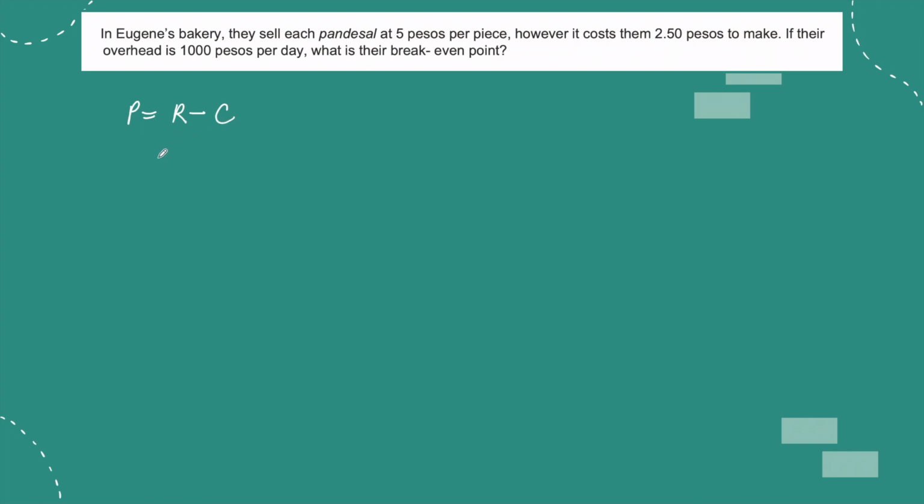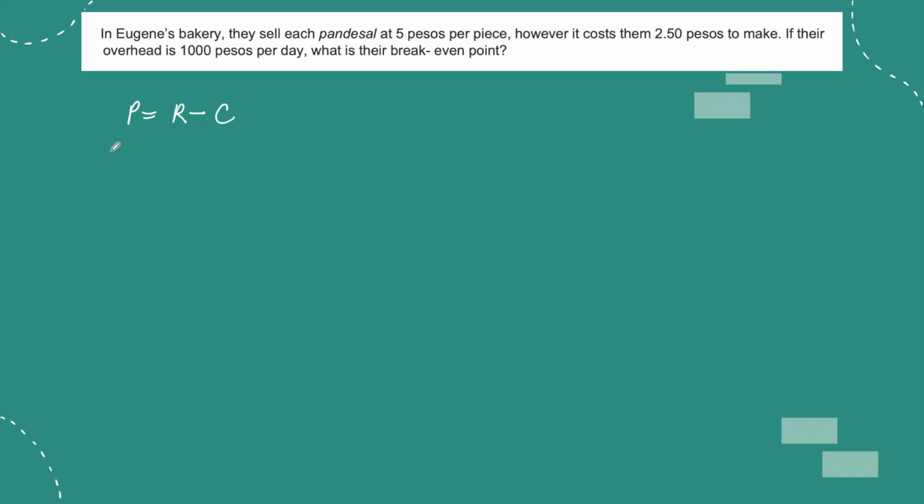So, ano ibig sabihin niya? Kunyari, bumili ka ng sapatos. Yung sapatos na binili mo ay 2,500. Tapos binenta mo siya ng 3,000. So, para makuha yung tubo, 3,000 minus 2,500, ang tubo mo ay 500. So, ganun yun.